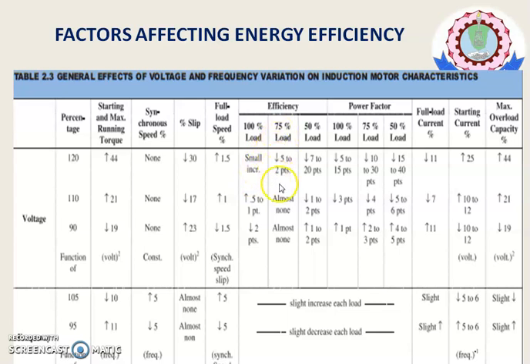For an underload condition, efficiency decreases, and power factor also decreases, right? When you reduce the voltage slightly, that means 10%, your efficiency decreases at 100% load by 2 points, and at 70% load it is almost no difference. On 50% load you see an efficiency elevation of 1 to 2 points.